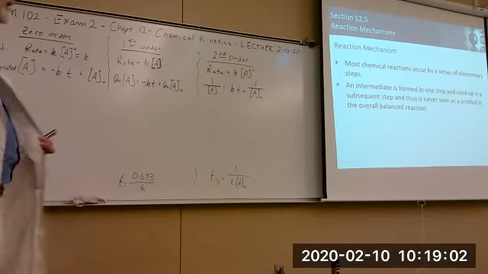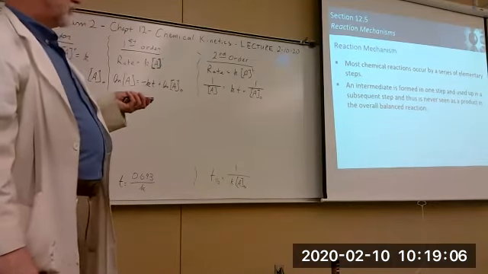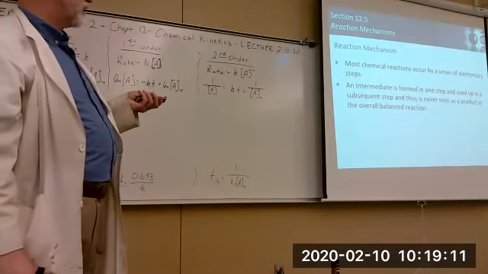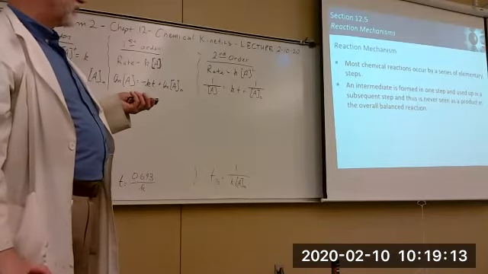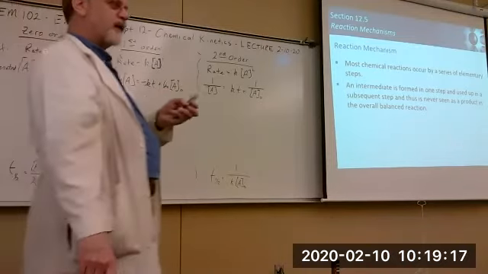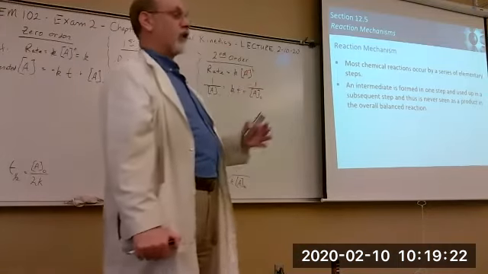In each case, we form some intermediate in one of the steps. But that intermediate is used up in a subsequent step, and you never see it in the products. So that's the trick, trying to figure out what's the intermediate that helps explain the overall reaction.